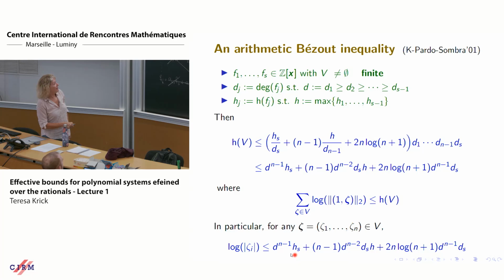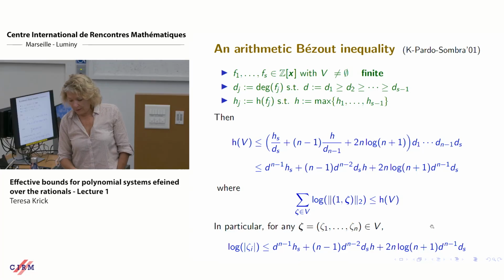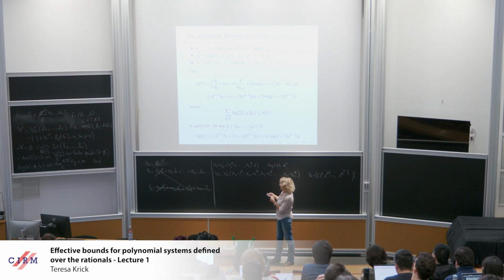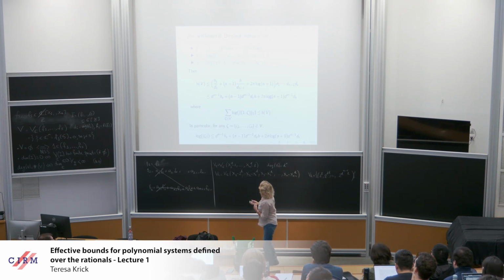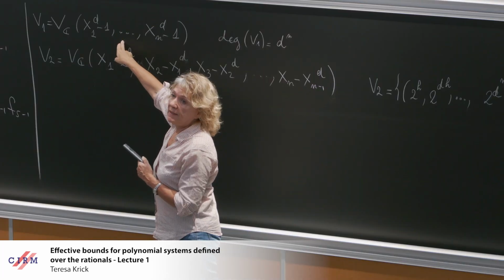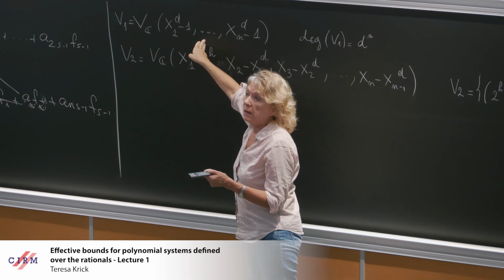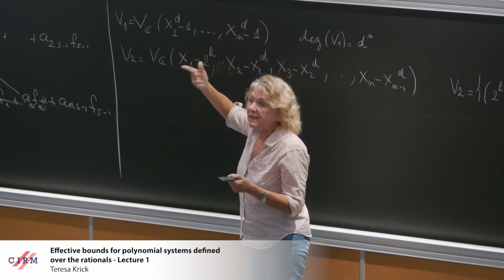Okay? And this bound, let's look at it in my examples. In my examples here, V1, what is the height of the roots? What is this log of zeta i here? All the zeta i's have absolute value 1. So when I take the log, it's 0.